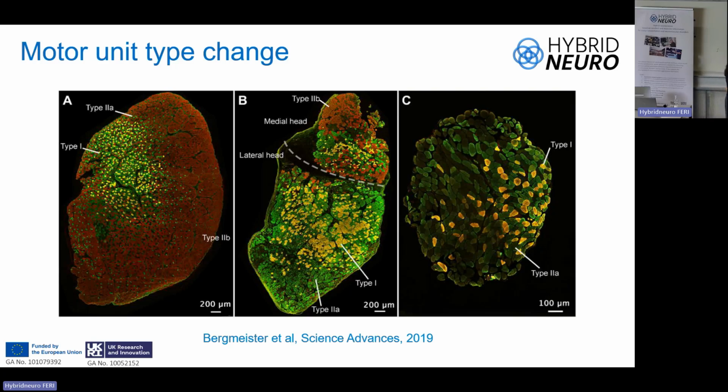While if you take this, an intrinsic muscle of the hand, in this case you have type 1 and type 2A fibers. Now, when you take a nerve from this muscle and use it to reinnervate the biceps, the lateral head, you see that the muscle composition changes. You don't have type 2 fibers anymore, but a composition similar to this one.